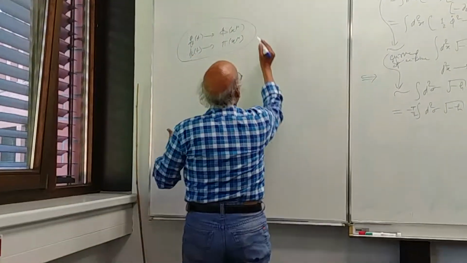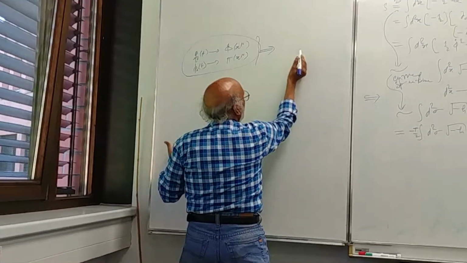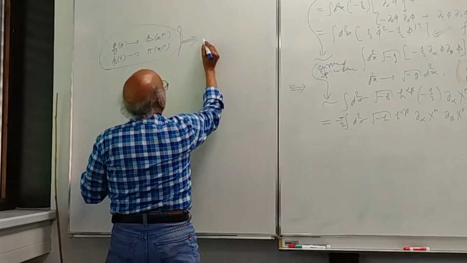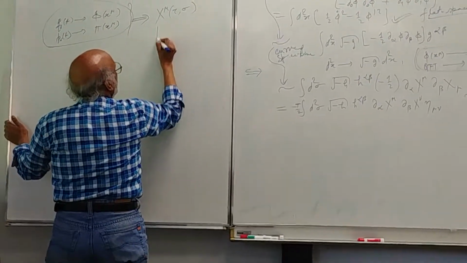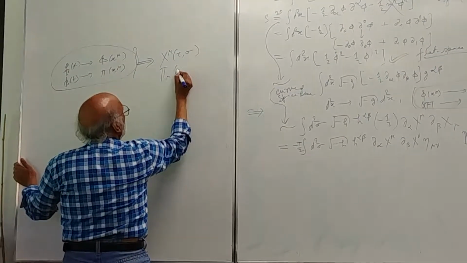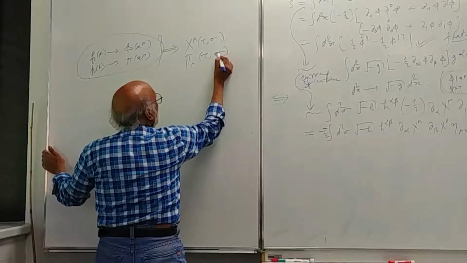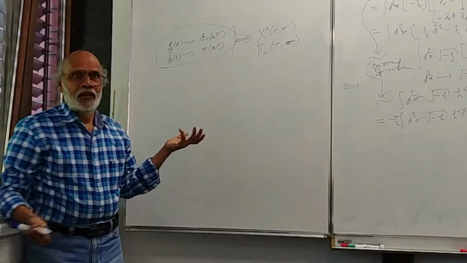And then we go to the next generalization, namely we introduce the fields X^mu(tau, sigma), phi^mu(tau, sigma).